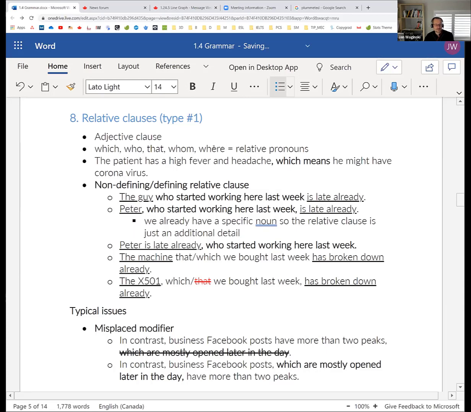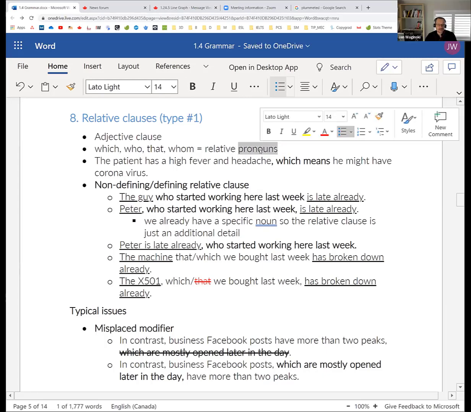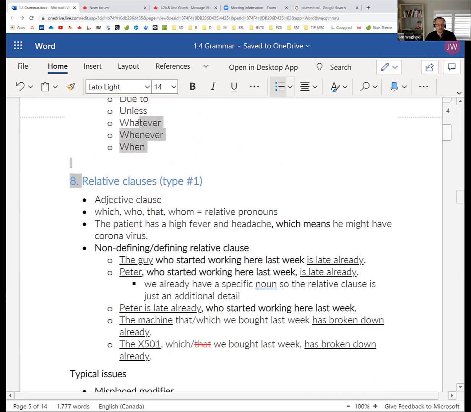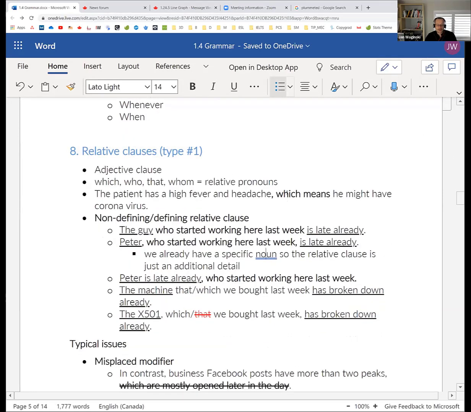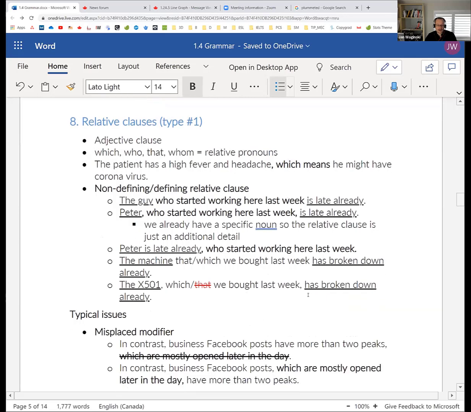Where can be used both for subordinate clauses and for relative clauses. So these are called relative pronouns, and pronouns are words like he, she, it, we, they. And these are just called relative pronouns because they start relative clauses. So when you have this relative pronoun, it represents, like here, Peter, who started working here last week. Who is Peter. These are the same thing.